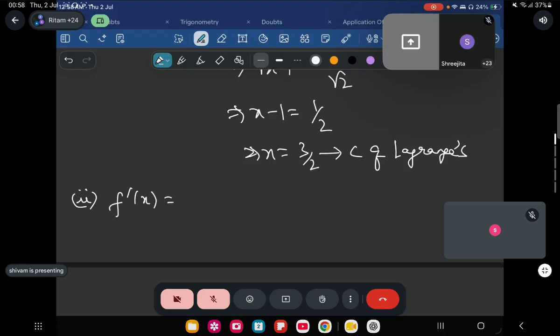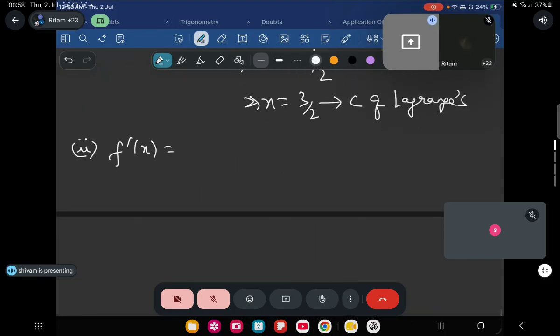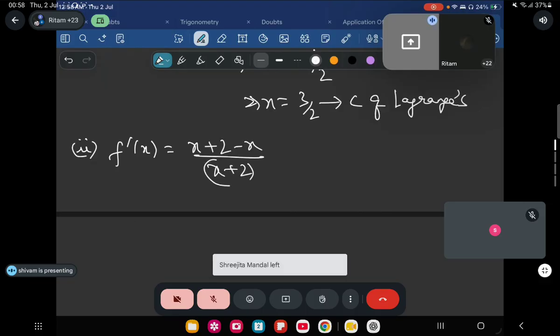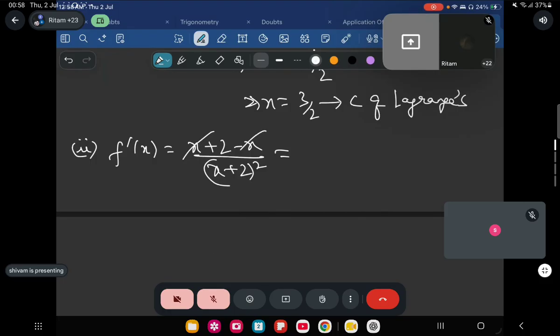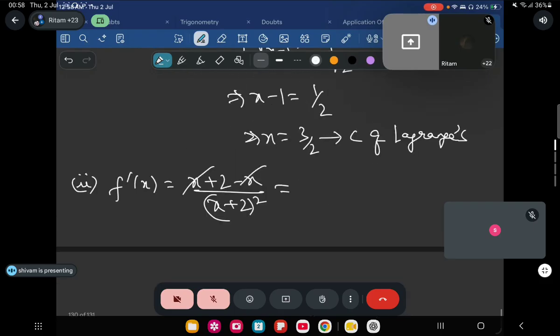Good night, sir. Okay. F dash x will be equal to, for f of x equal to x upon x plus 2, x plus 2 minus x upon x plus 2 whole square. Last problem, everyone. This will be equal to f of 4 minus f of 1 upon 4 minus 1. So f of 4 will give us 4 by 6 minus 1 by 3 upon 3.